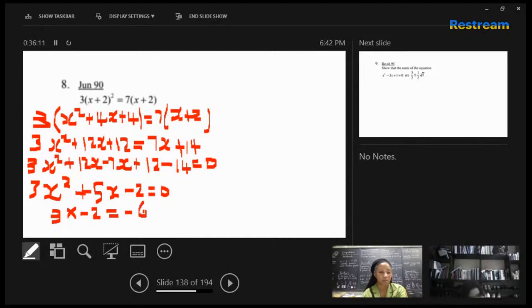Two factors of negative 6 that add to give positive 5 are 6 and negative 1.